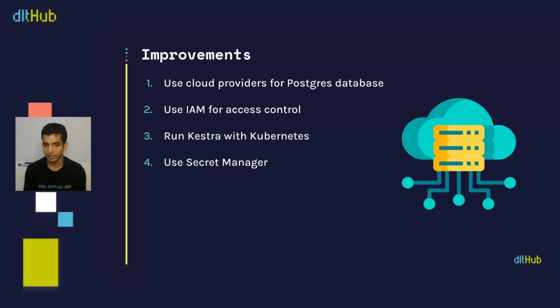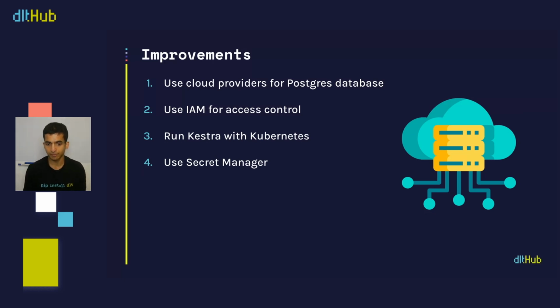Well, rather than using that built-in database, you can actually allocate that work to a Postgres instance provided by a cloud provider. And what that does is basically it makes your solution more scalable. So for example, with GCP, you can use Cloud SQL. And as a matter of fact, the Kestra docs actually does show you how you can do that if you are interested. But this is something you could do for any of the cloud providers.